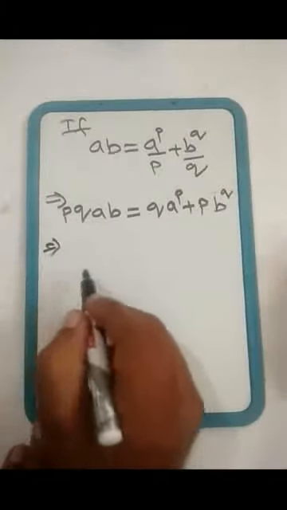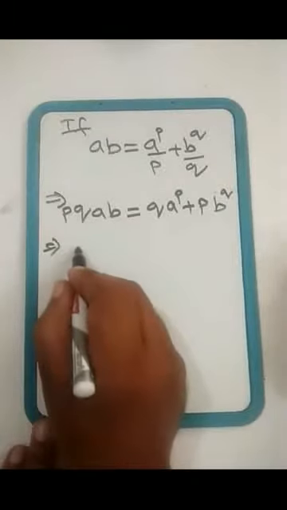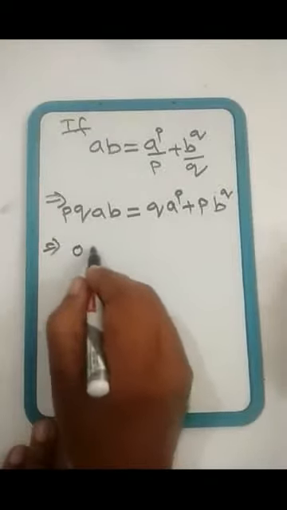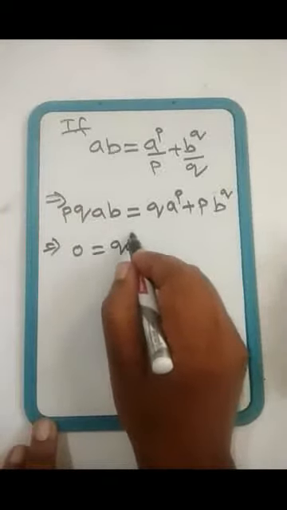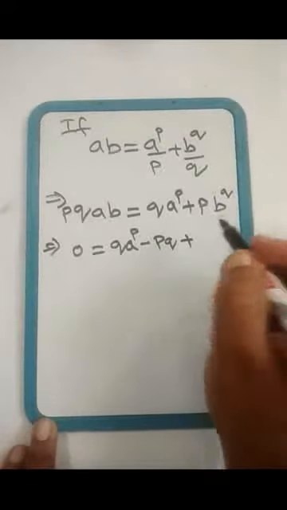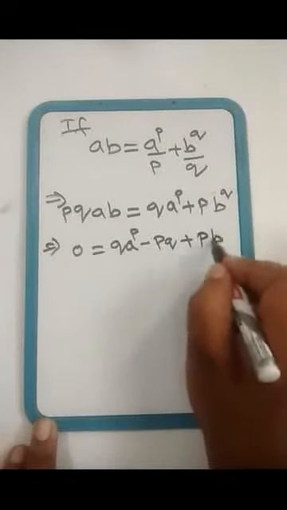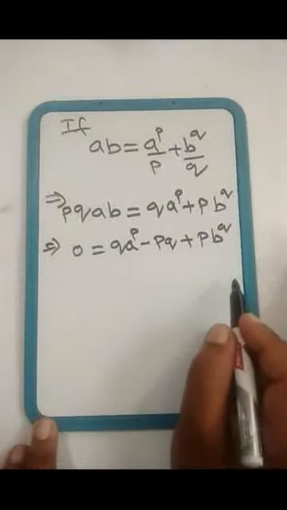So this implies, shifting this on the right hand side, 0 is equal to q times a raised to p minus pq ab plus p times b raised to q. Okay, so what do we have?